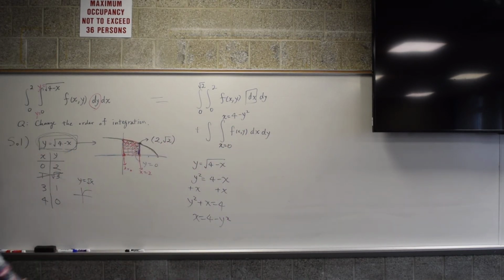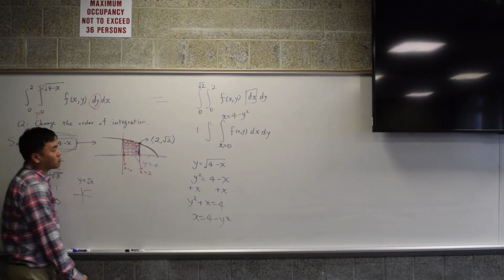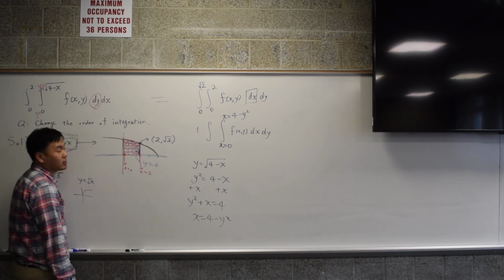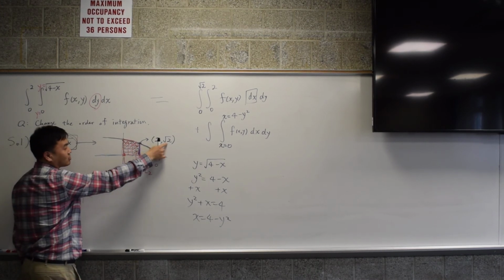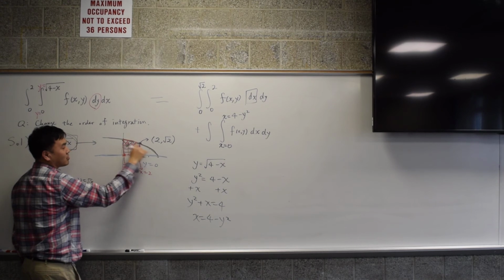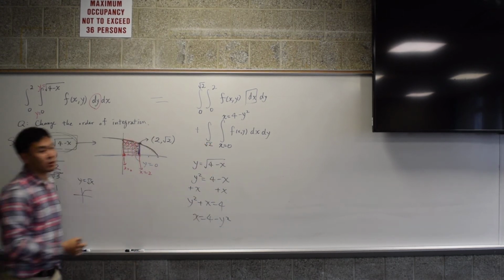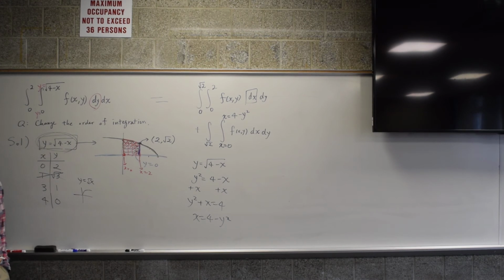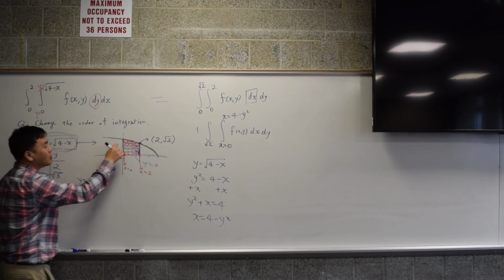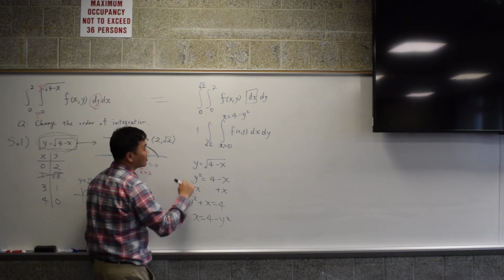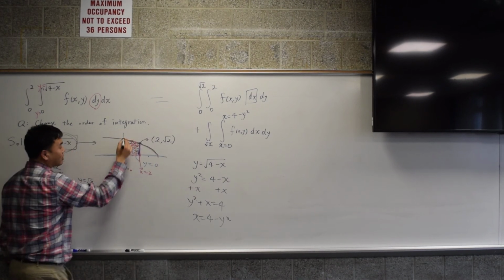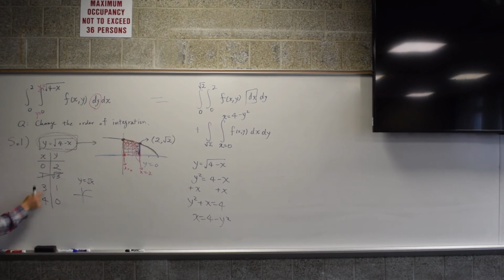All right, for that, what's the minimum value of y? Yes, radical 2, because that's where this point is. So you start at this dotted line. So the minimum value of y is radical 2. What's the maximum value of y? It goes up until 2. See, this point right here is what? 0, 2.